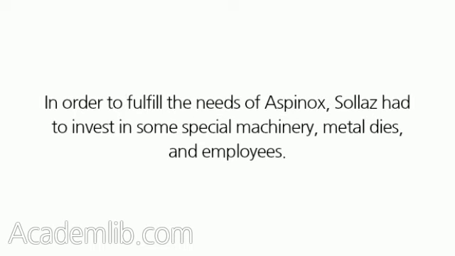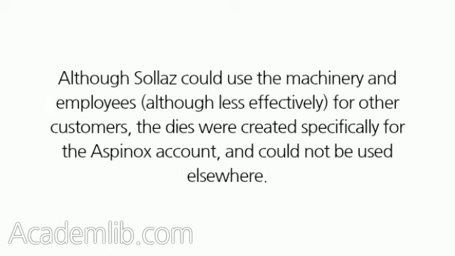In order to fulfill the needs of Aspinox, Solis had to invest in some special machinery, metal dies, and employees. Although Solis could use the machinery and employees, although less effectively, for other customers, the dies were created specifically for the Aspinox account, and could not be used elsewhere.